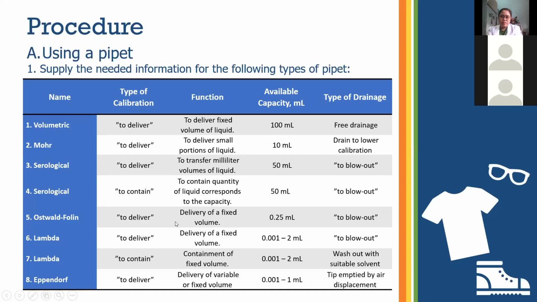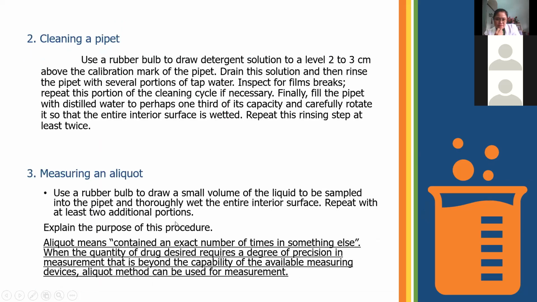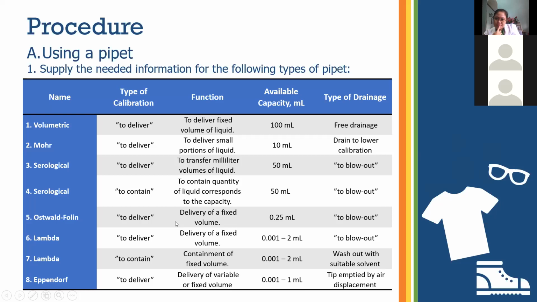Last is the Eppendorf. Its type of calibration is to deliver variable or fixed volume with the capacity of 0.001 to 1 ml, and its type of drainage is tip emptied by air displacement. Those are the apparatus used in measuring volume with their types of calibration.